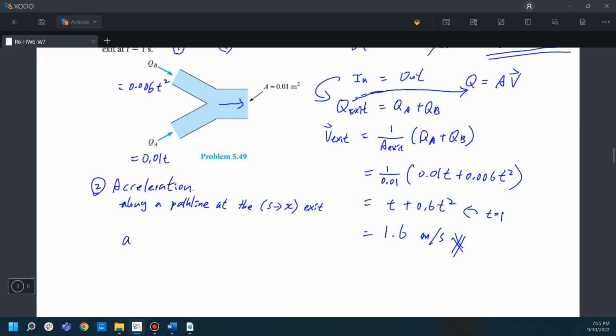the acceleration is equal to partial v, partial t, the local term, plus v, partial v, partial x, and this is the convective term.